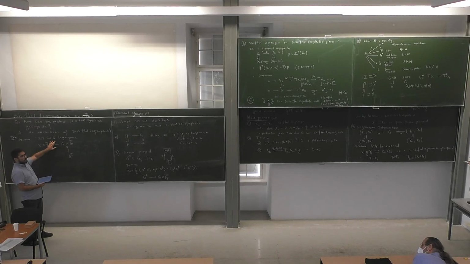It doesn't matter whatever I put here. So this is always transversal, and here the map is YZ, and this is phi times psi, the two Lagrangians, and then this fiber product.